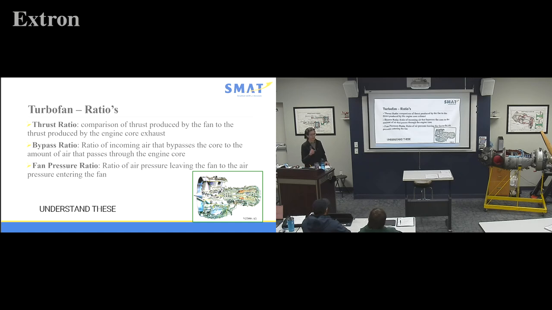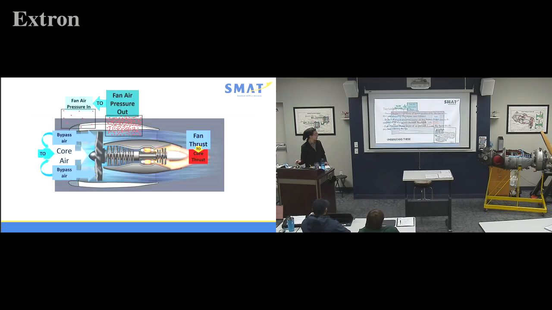All right, anybody need any more time on this one? So here is the visual I came up with. If it helps you, great. If not, it's okay. But our bypass is how much air is bypassing the core compared to how much is going through the core.